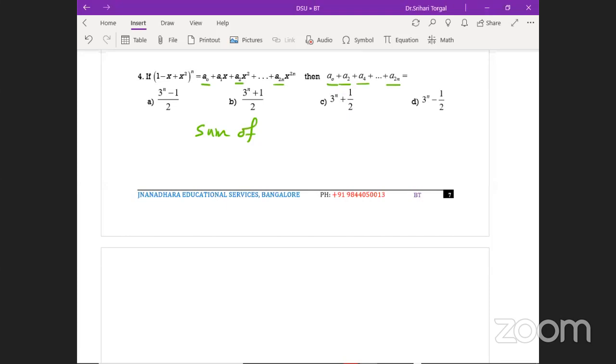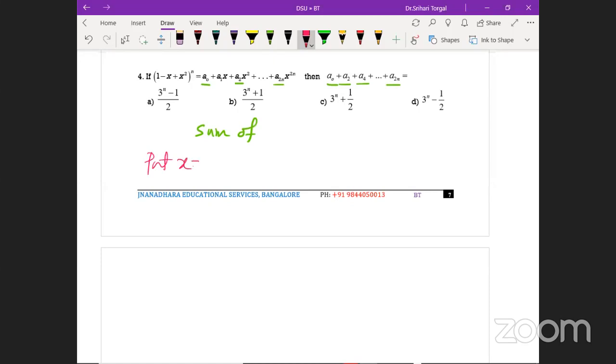Always, when they ask you to find the coefficients, put x equal to 1 in the given equation. So this will become (1 minus 1 plus 1) whole power n, which is equal to A0 plus A1 plus A2 plus... since x equal to 1, you are left with all the binomial coefficients.